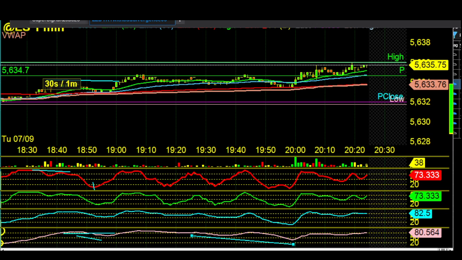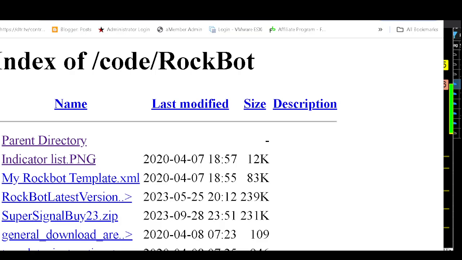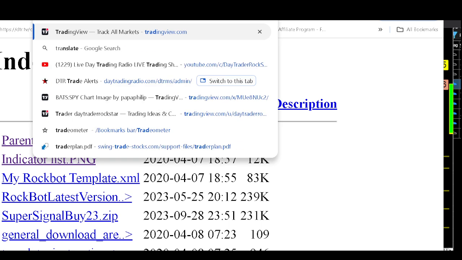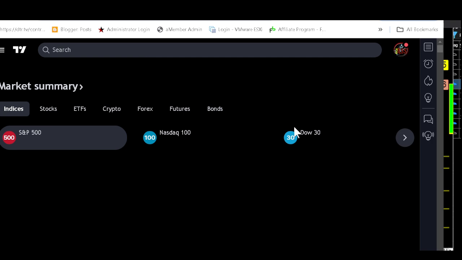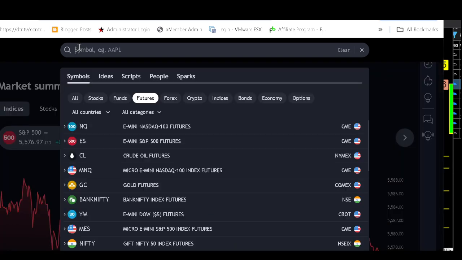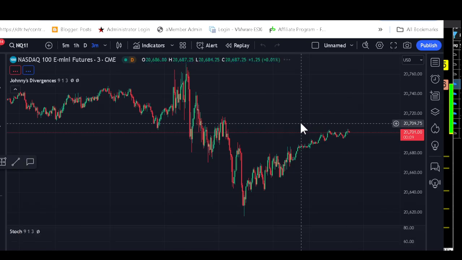I did have the TradingView script kind of built into an indicator. Let me see if I can bring it up on the screen. Let's put it on the NASDAQ futures.